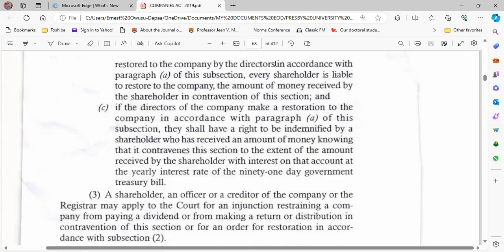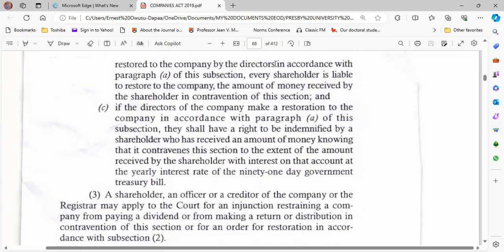Now, where the directors, having presided over the company, for the company to pay dividends illegally, they comply with the consequence of the law by restoring the money paid illegally back to the company together with the interest rate using the 91-day government treasury bill.